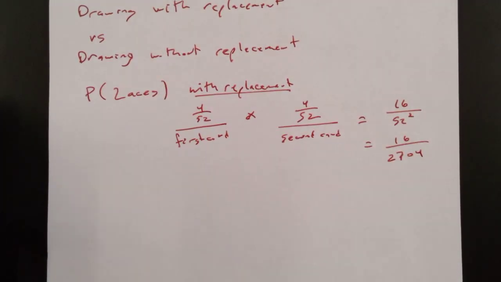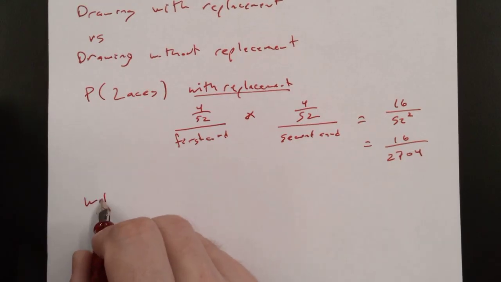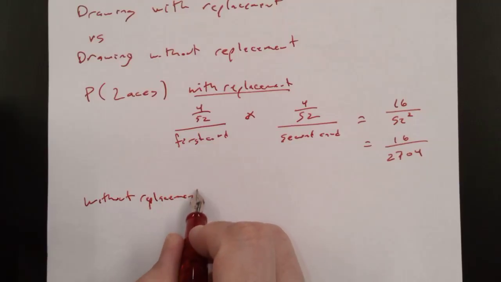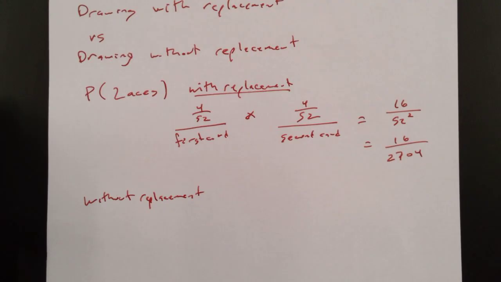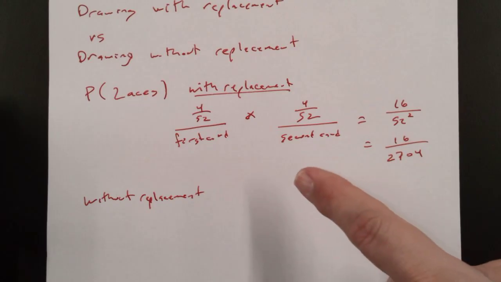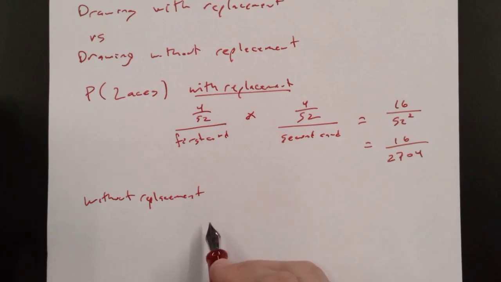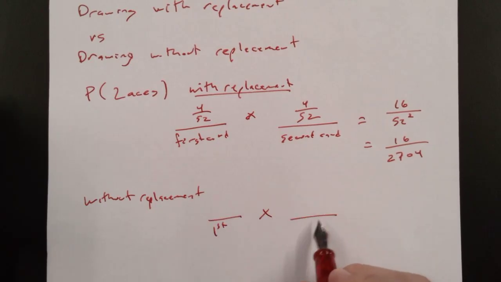What if I don't replace the card? Well, now I have 2 different ways of looking at this. I could look at it just like this, 1 card at a time. So let's think about what happens. First card, then second card.